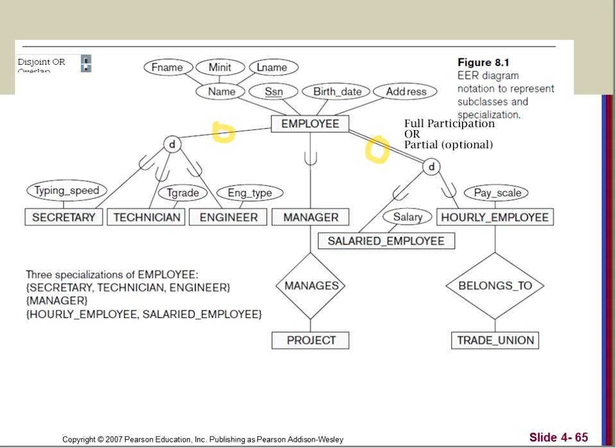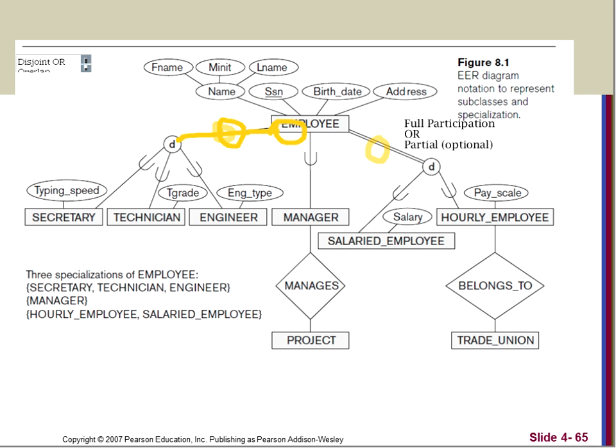What about the single line here? This one is a single line. Single line means it's optional, it's partial, which means there might be employees who do not belong to any of these. So just the employee. Employee is not a secretary, not a technician, not an engineer, just an employee. If you allow that, at that time it's a single line.